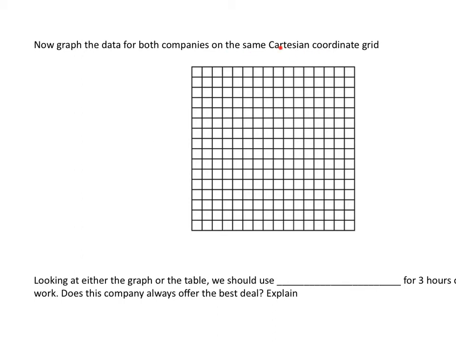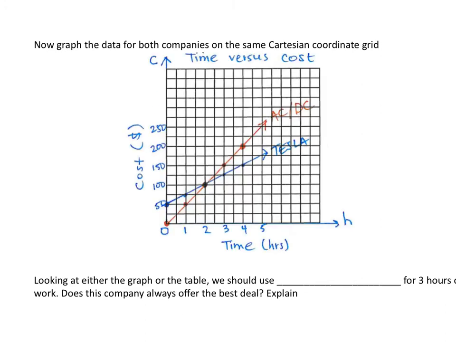We are also going to include a title for our graph. And remember, your title should always be whatever variable is plotted on your x-axis versus whatever variable is plotted on your y-axis.